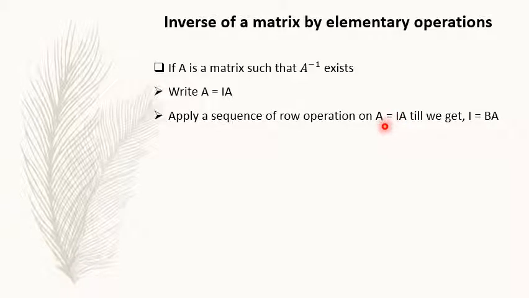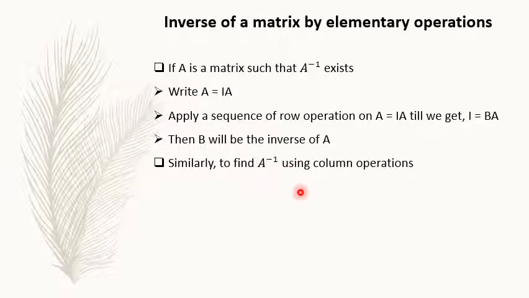We need to change this A equal to IA to I equal to BA. We will get I equal to BA after applying this sequence of row operations. Then this matrix B is the inverse of A.